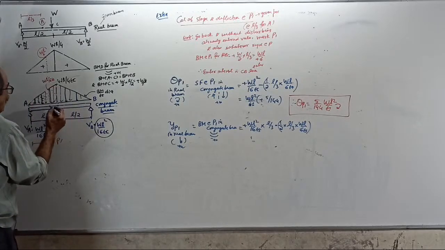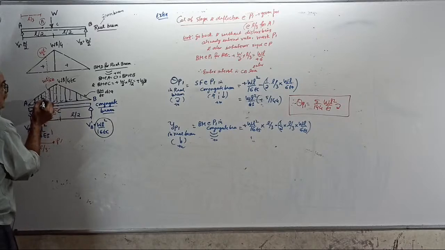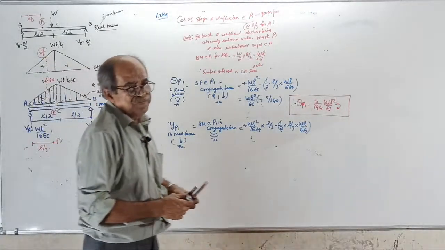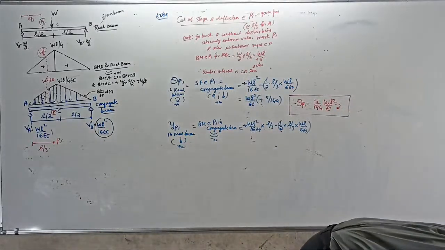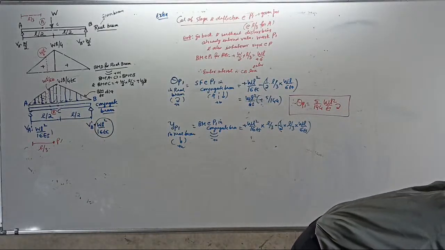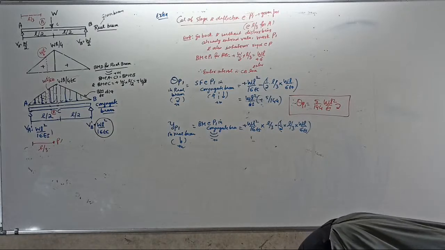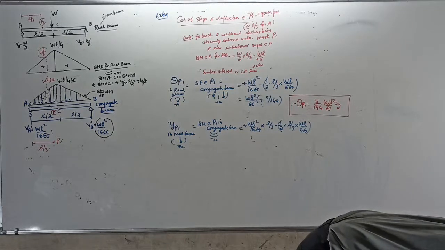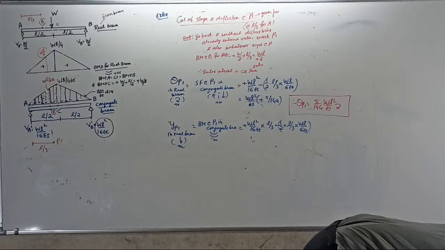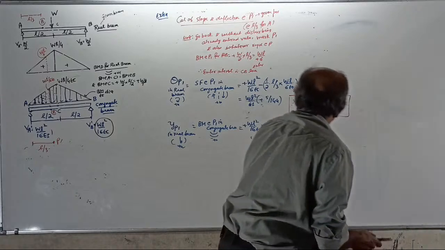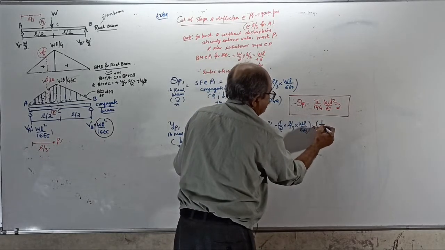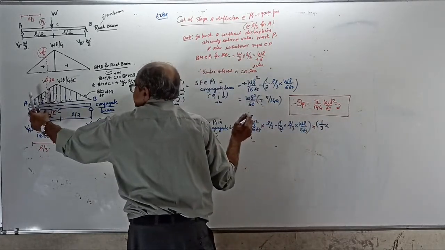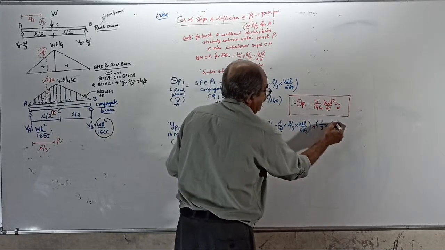When you take moment about P1, from here to here is 1 by 3 or 2 by 3? Last question today: 1 by 3 of what? 1 by 3 of this distance, that is L by 3.